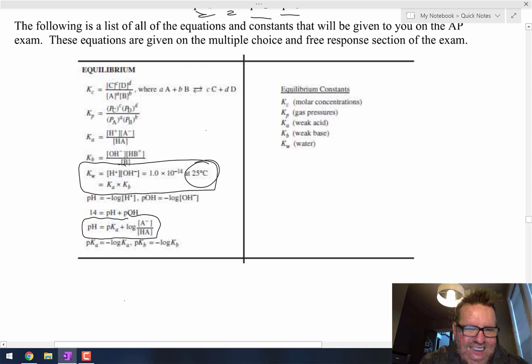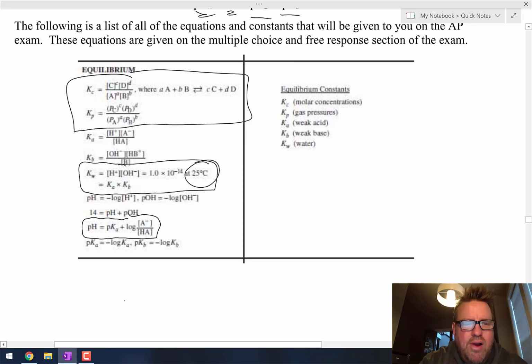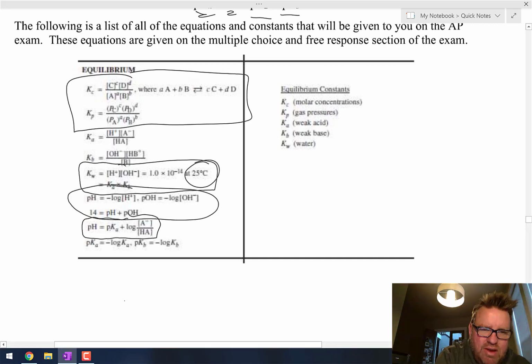There's the Ka expression, there's the Kb expression. They have Kc and Kp on there. Again, that helps you make sure that you write those expressions correctly, if they ask you for it in terms of concentration or in terms of pressure. And then there's all the pH, pOH, pKa, pKb, all that stuff down here.